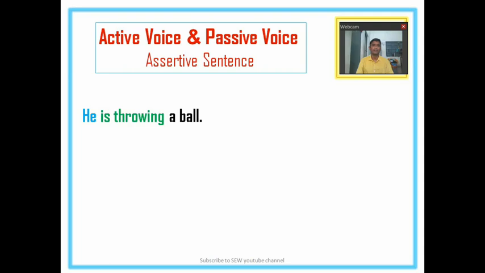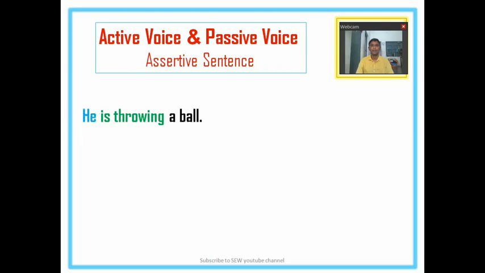The subject is always going to be shown in blue, and the verb, is throwing, is always shown in green. A ball is the object, and the object is always shown in black only. So the subject is he, is throwing is the verb, and a ball is the object. Okay.